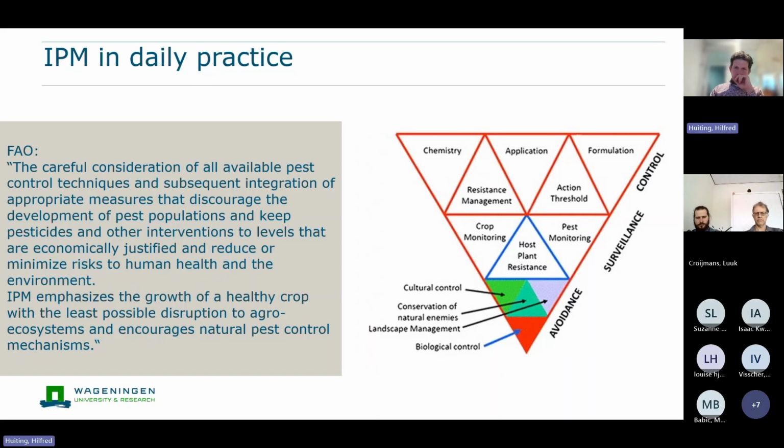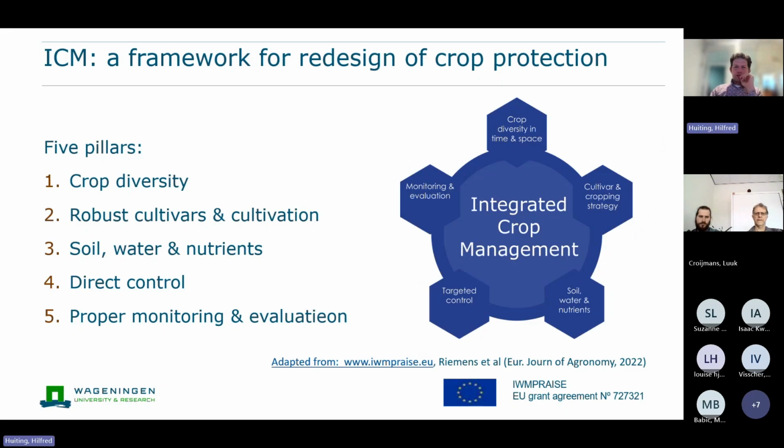So that started our thinking, and we thought, well, we may need to reshuffle all these components, and that's how we came up with this concept of integrated crop management, in which we define 5 pillars. We label crop diversity, that's on the top, as the first one here, but you might also argue that monitoring and evaluation is the first one, because first you have to know what your growing circumstances are before you can make any decisions.